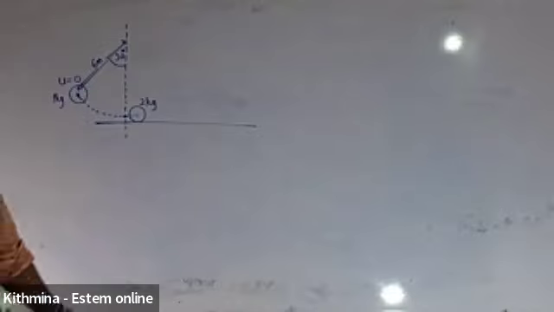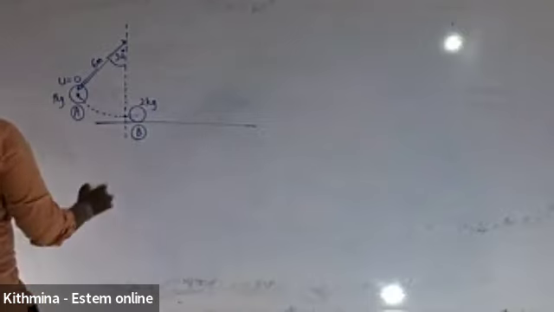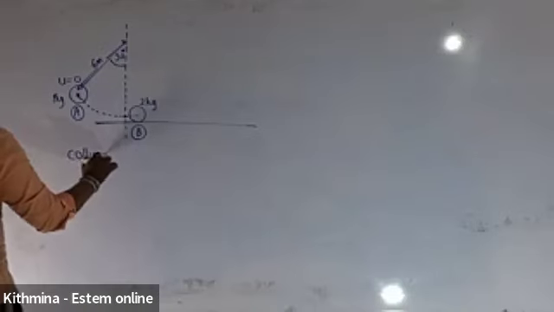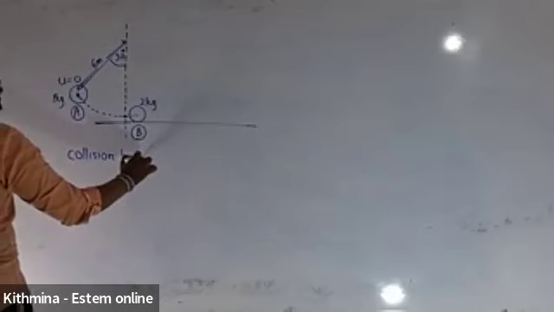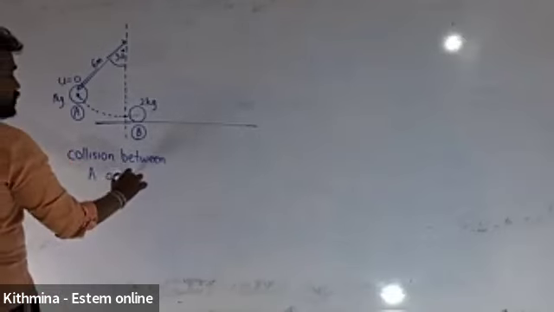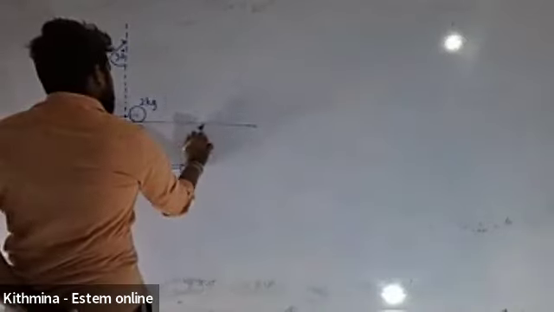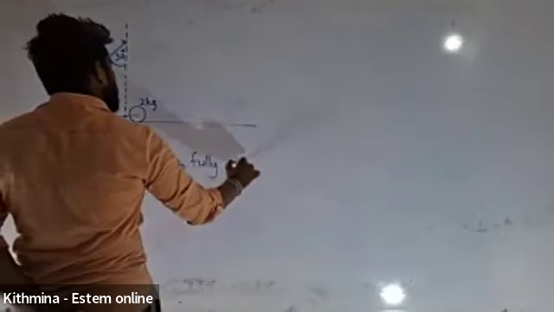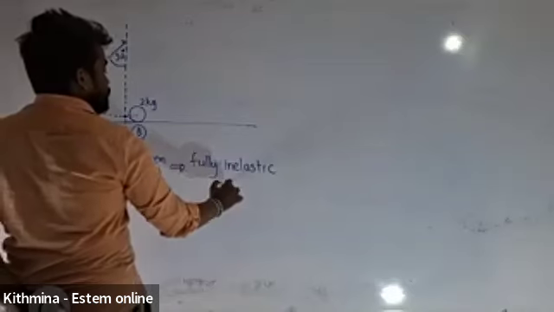This is ball A, and this is ball B. The collision between A and B is a fully inelastic collision.